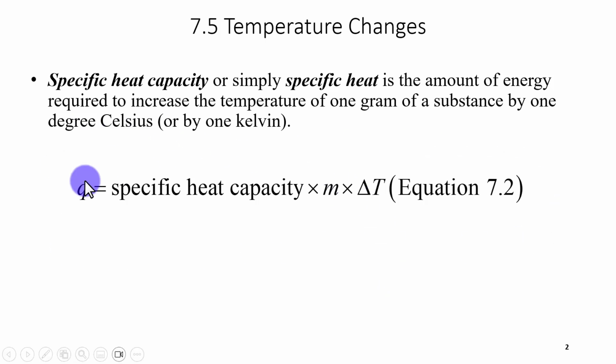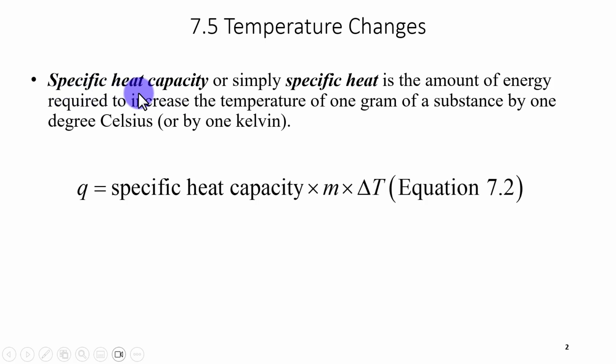We are going to use this equation here to figure out the amount of energy that is required to increase or decrease the temperature of a particular substance, the mass of a particular substance, by a certain temperature. So we talk about specific heat capacities, or just specific heat for short, of different substances.